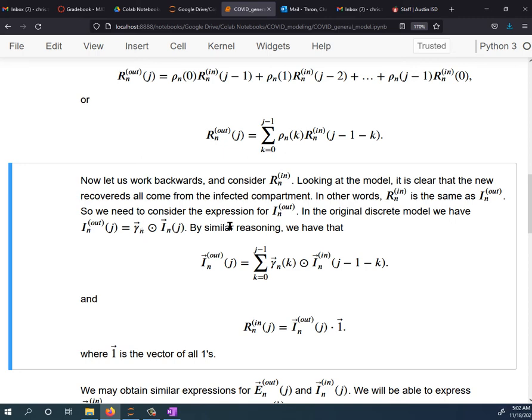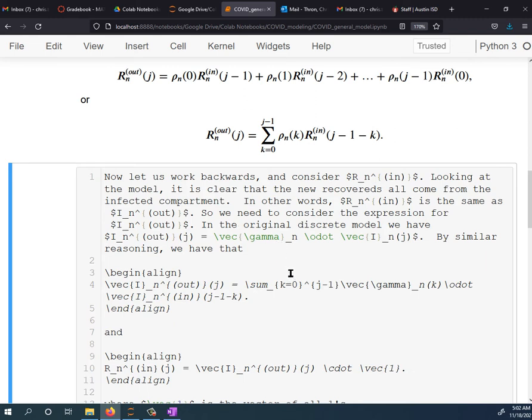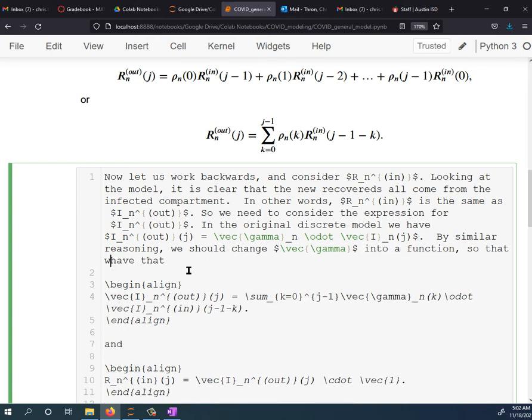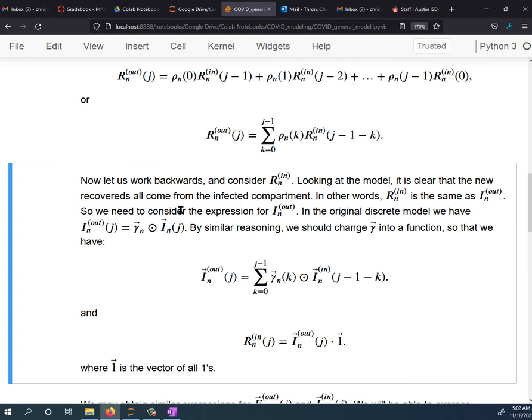So by similar reasoning, we should change the vector gamma into a function. That's what I want to do. I want to change the vector gamma into a function.